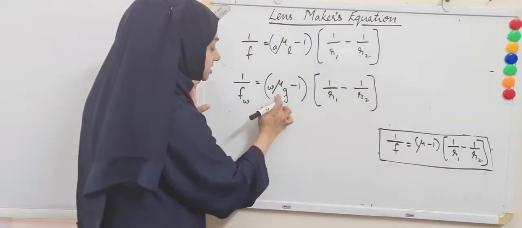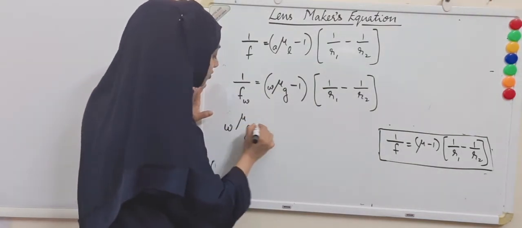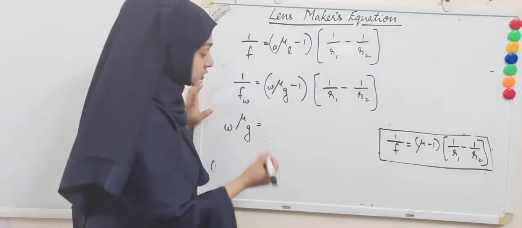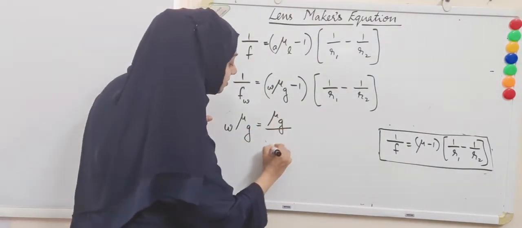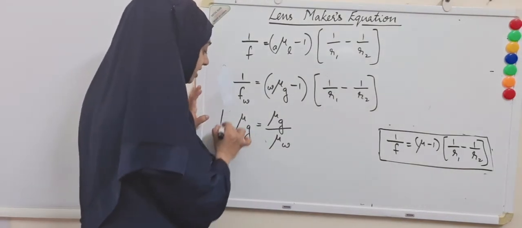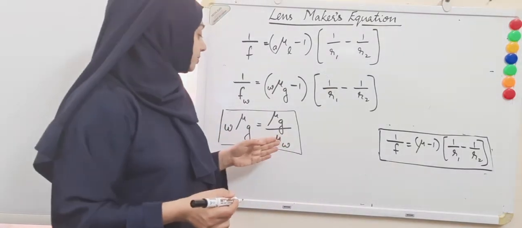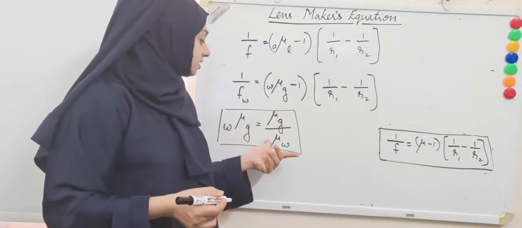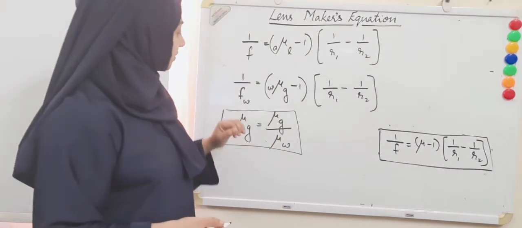And we can express the refractive index of glass with respect to water as equal to the refractive index of glass divided by the refractive index of water. Again, we have derived this equation in the second lesson of the same chapter. If you haven't watched that, I will share its link also in the description below.